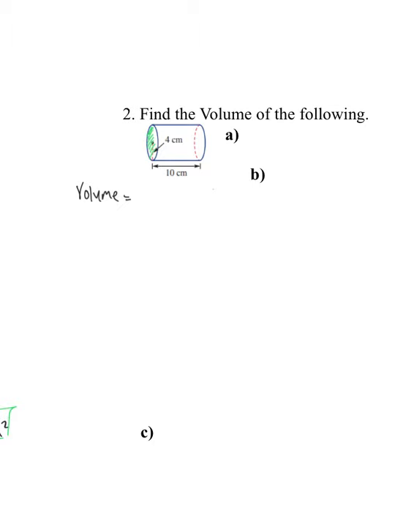Cool, so the area of the circle is pi times radius squared, and then we're going to times the height. Our circle radius is 4. Our height is 10.